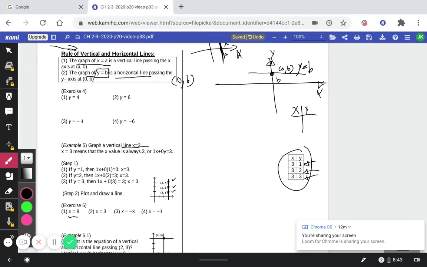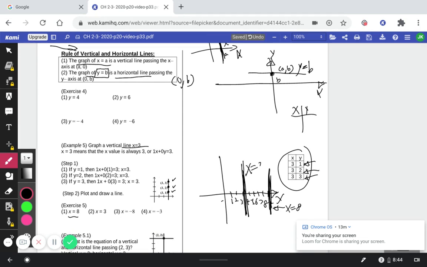So how do you graph x is 8? You can graph x is 8 as the x-axis is 8. That's what they're saying. So this is x is 8, because you have 1, 2, 3, 4, 5, 6, 7, and 8. So this line is x is 8. X is 3 means this.